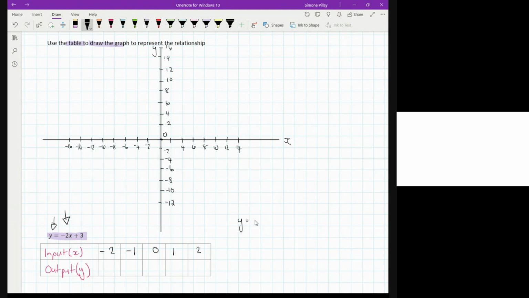So it's negative 2 times negative 2 plus the 3. Beautiful. Let me know what answer you're getting here.